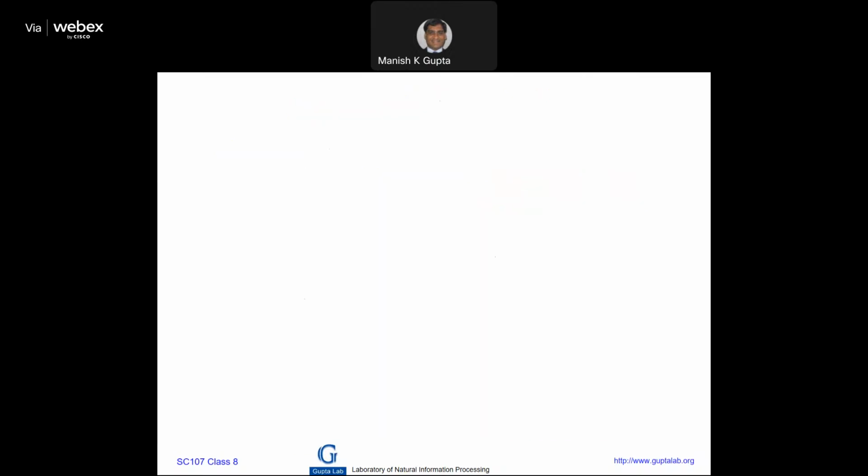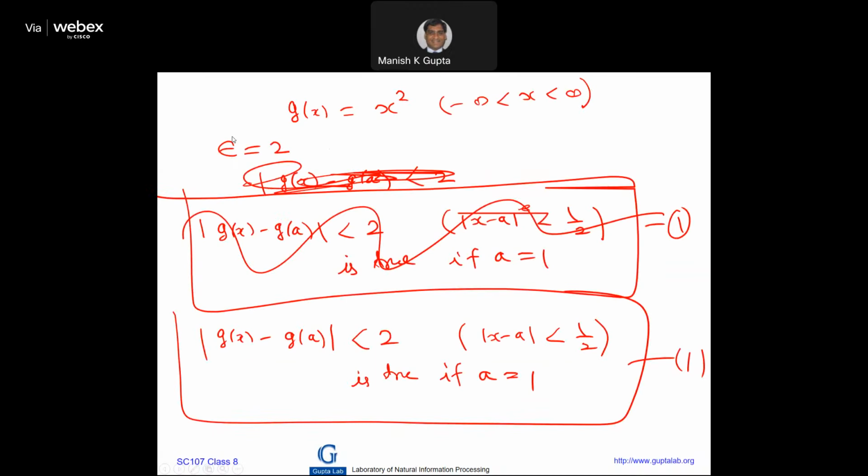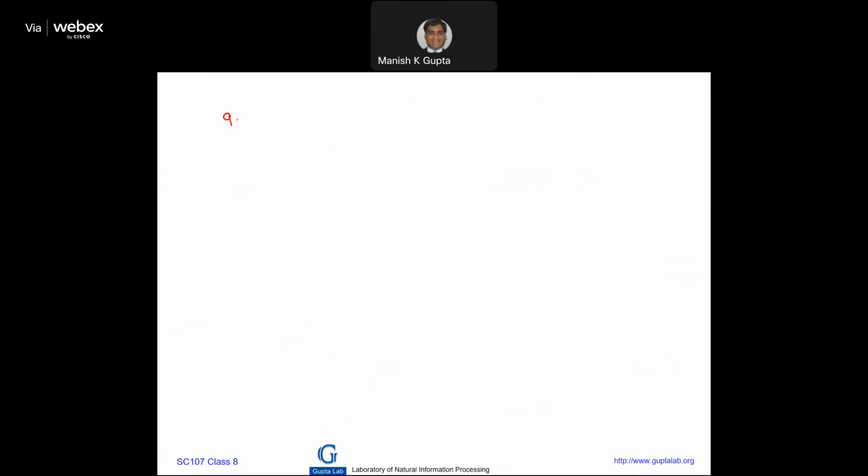Because in this case, what happens? g of x minus g of a will be what? x square minus a square. The function is g of x equal to x square, right? And this value will be what? Because I am taking a equal to 1, this is x square minus 1.